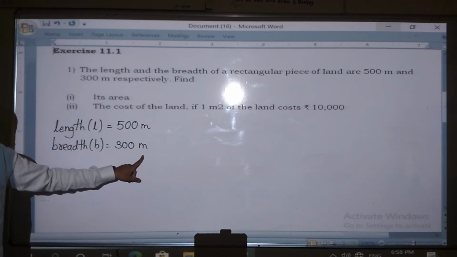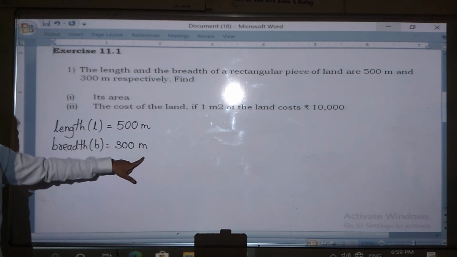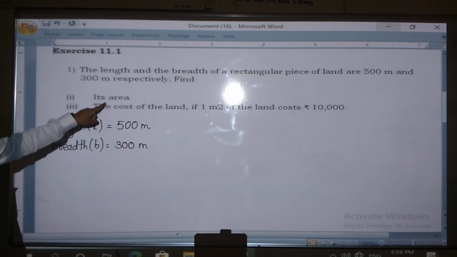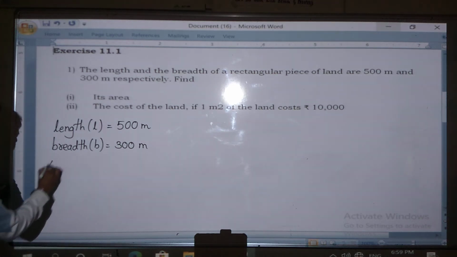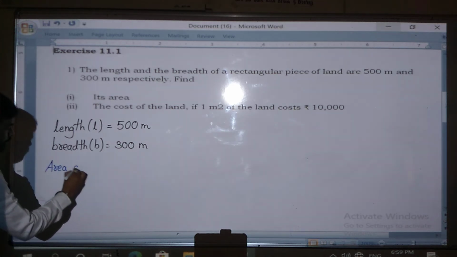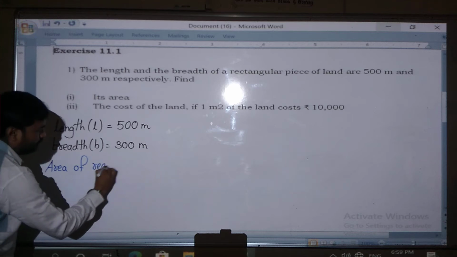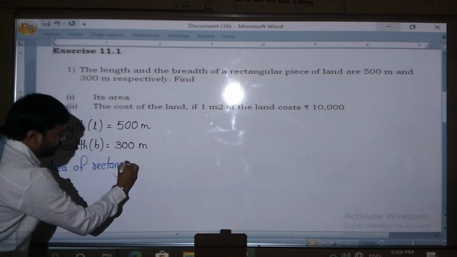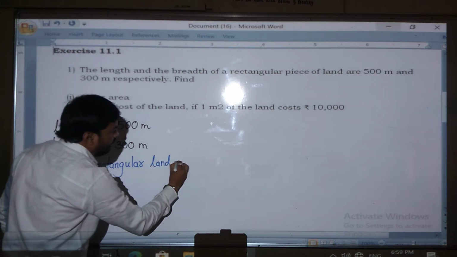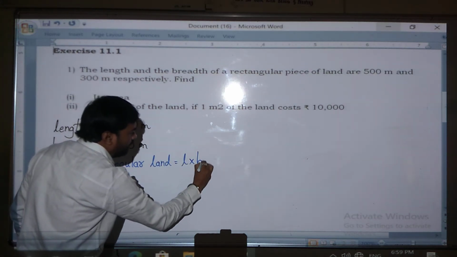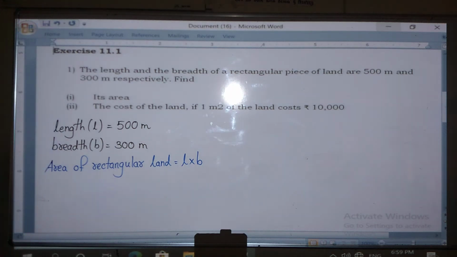Units must be same. So here you can say units are same. So what do we have to find? Its area. So area of rectangle is equal to L multiplied by B. We are talking about area, right?